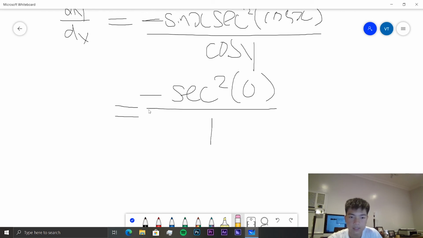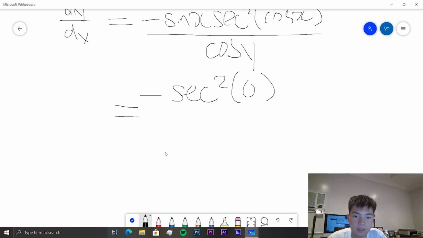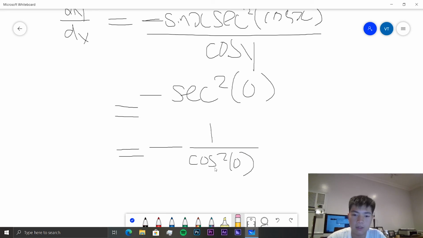So it's simply negative secant squared of 0, and remember, this is equal to negative 1 over cosine squared of 0. Cosine squared 0 being 1, so we have negative 1.